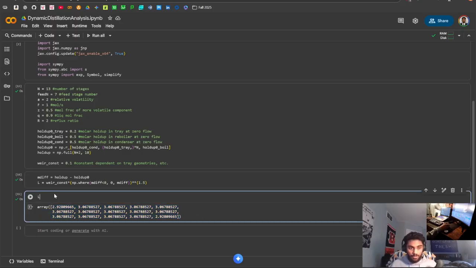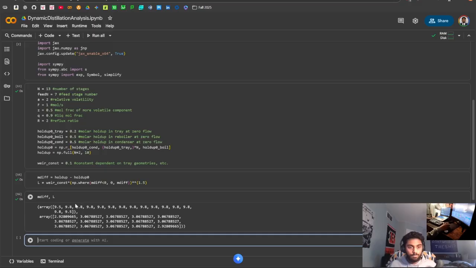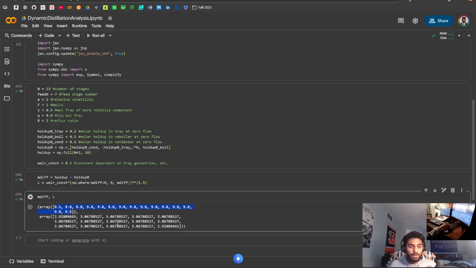So even if I wanted to, I can go mdiff. So here are our initial molar values that are present in each stage, as well as the condenser and reboiler. And then these are the liquid flow rates that are going from our trays, our reboiler, and our condenser.